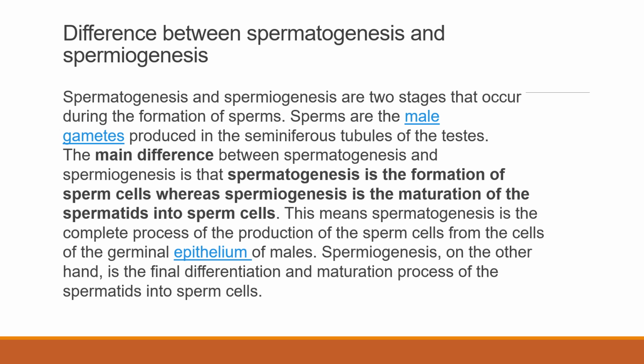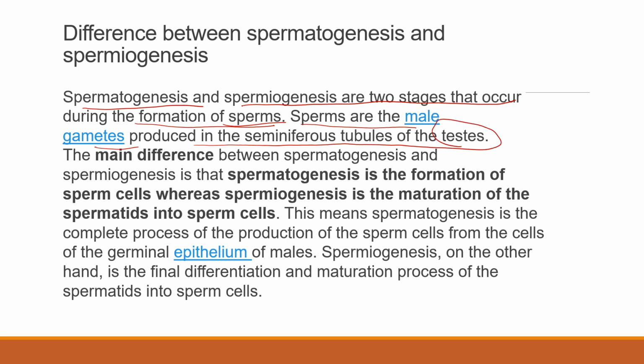Now, it is a very important topic, the difference between spermatogenesis and spermiogenesis. Just now while discussing the diagram, I have told you, but we need to write it down in the form of notes. Okay, spermatogenesis and spermiogenesis are two stages that occur during the formation of sperms. Sperms are the male gametes produced in the seminiferous tubules of testes, right?